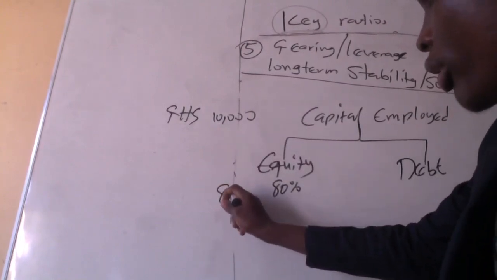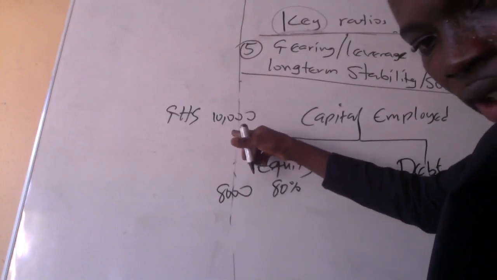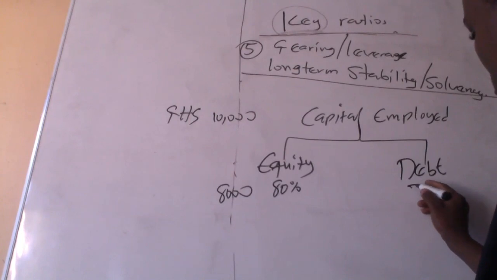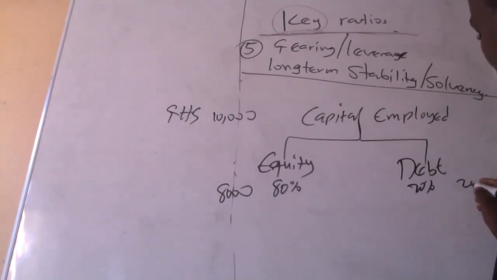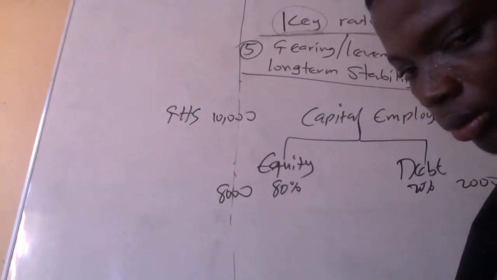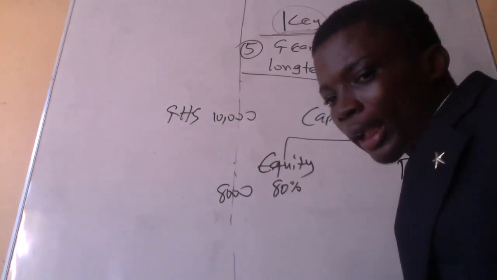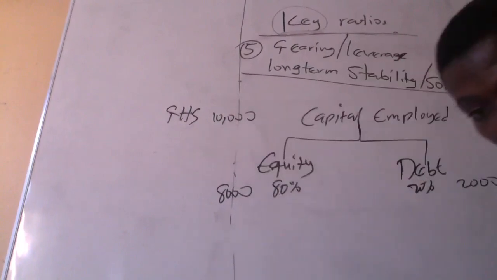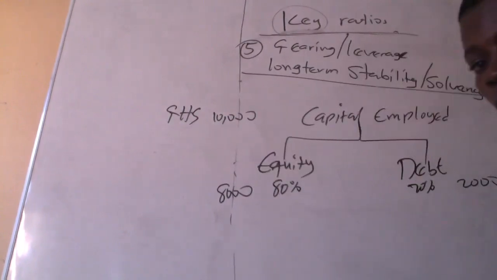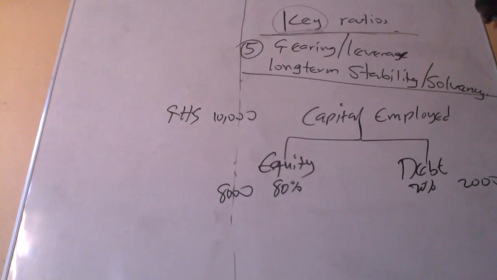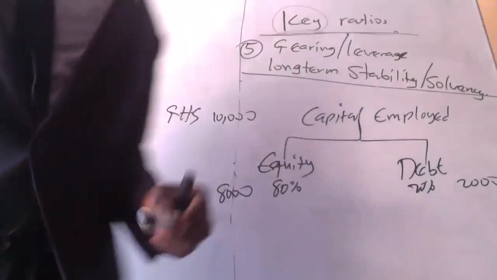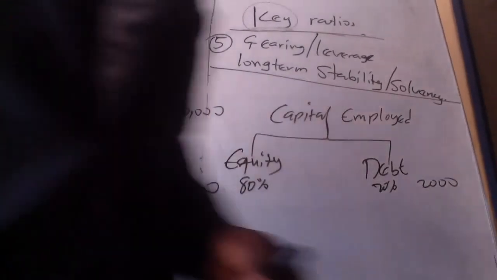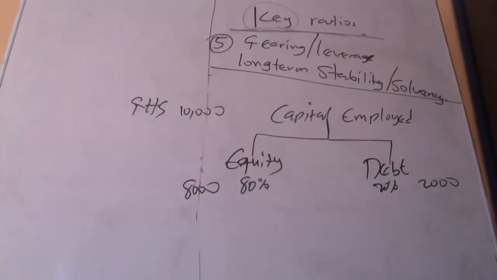The 8,000 out of the 10,000 I have to raise by way of equity. And the 20%, that will be the 2,000 Ghana cedis as debt. Maybe I can use a bond or a long-term loan to do that.